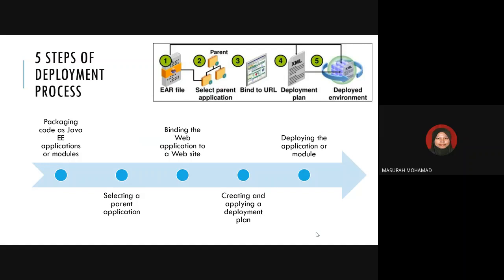When you have already packed your application into one package, you choose a parent application and then bind it to the web application. And then number four, creating and applying a deployment plan, maybe making an XML file. And the last one is deploying the application or module.